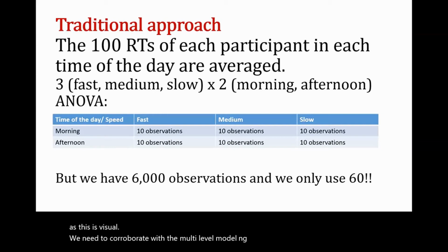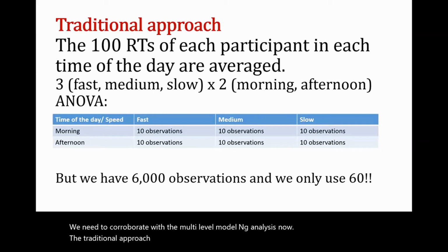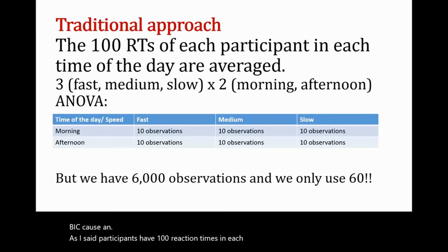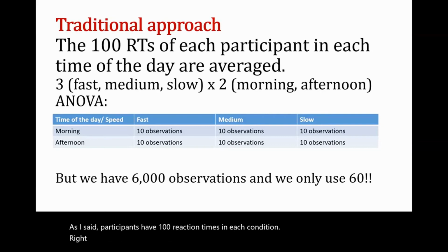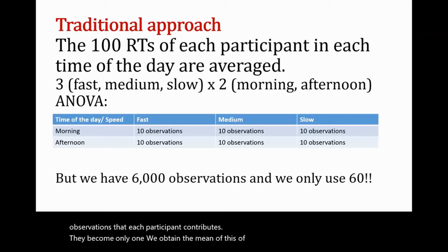Now, the traditional approach in this case would lose a lot of data, because, as I said, participants have 100 reaction times in each condition, right? So these will be averaged for each participant. In the traditional approach, the 100 observations that each participant contributes become only one. We obtain the mean of these reaction times, and that's all we have.